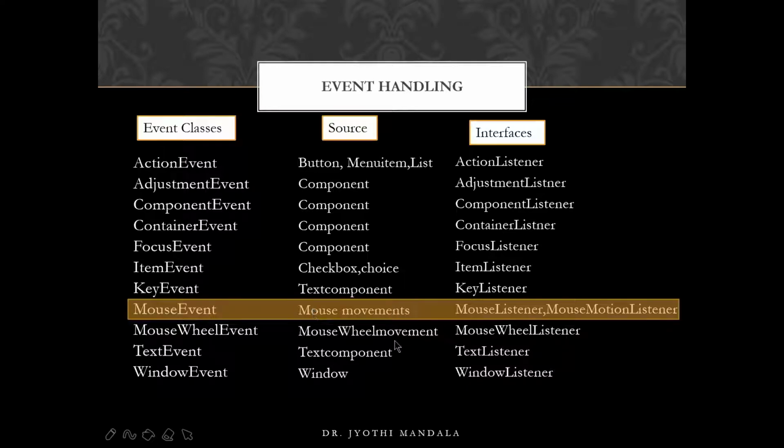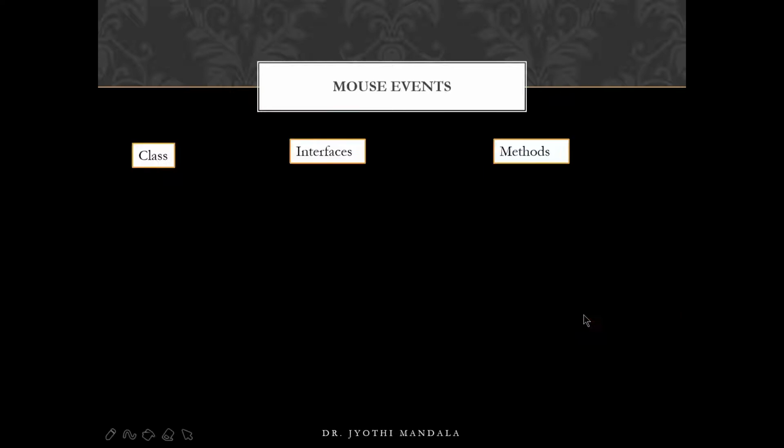Whatever mouse operations you are performing, if you want to handle those operations, that can be done by using the MouseEvent class and the MouseListener and MouseMotionListener interfaces. If you want to use these classes and interfaces, you need to import the java.awt.event package.